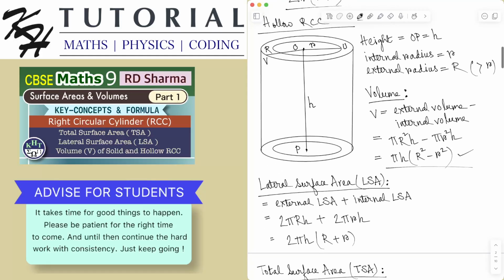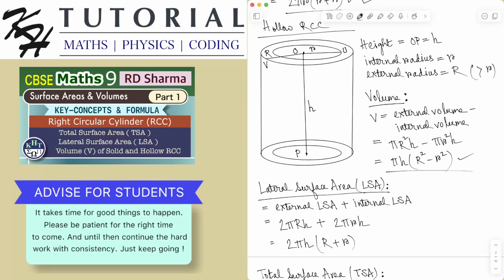Now, what will be the lateral surface area? Now, it is tricky. Since it is hollow, there are two curved surfaces. One is external and one is internal.